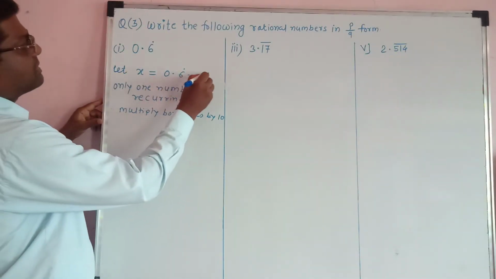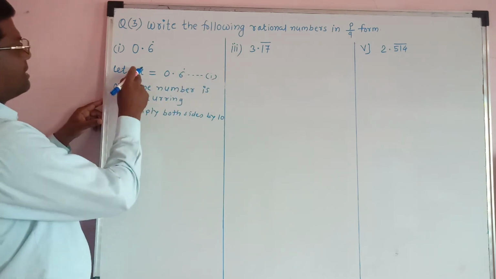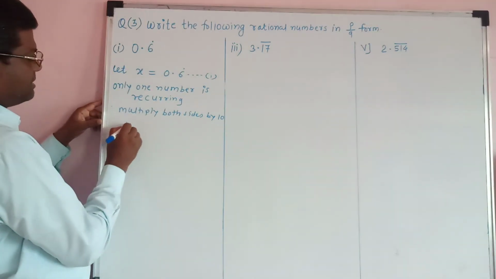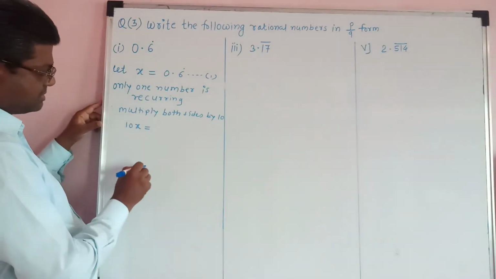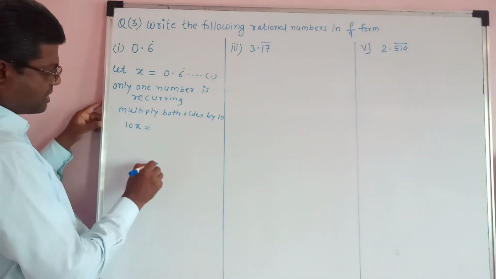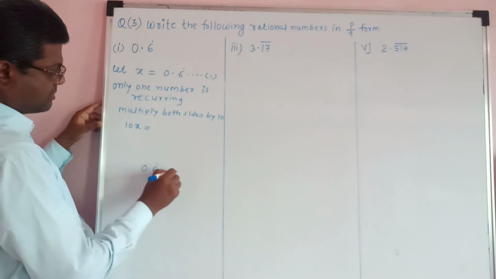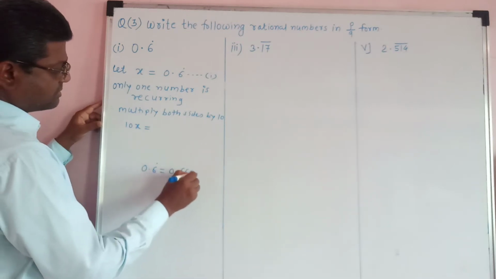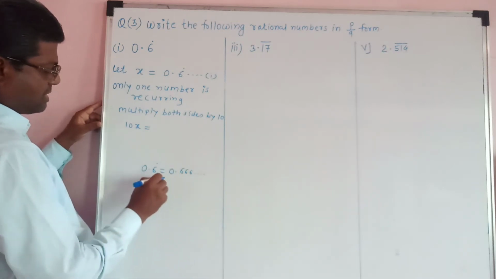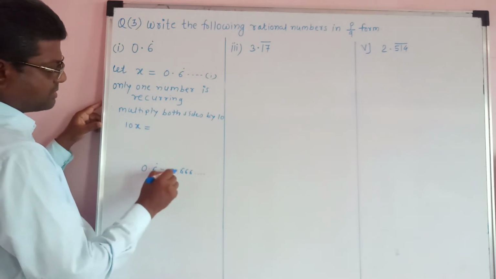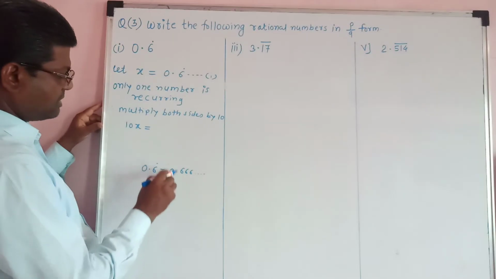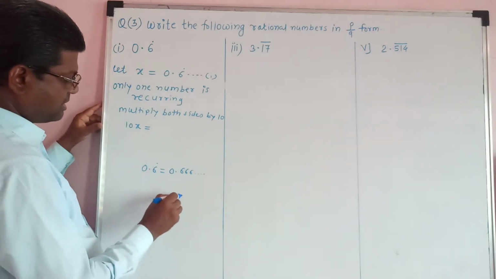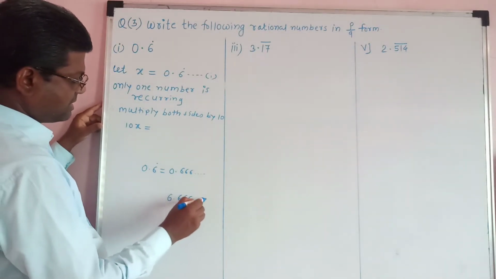Now, this is equation number 1. x into 10 will be 10x is equal to 10 times 0.6 dot. 0.6 dot is 0.6666 and so on, and if we multiply this by 10, then we get 6.666 and so on.